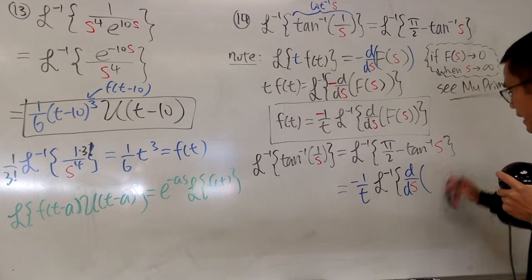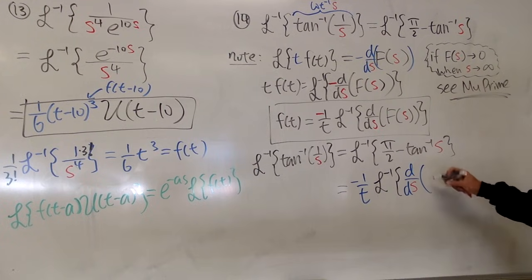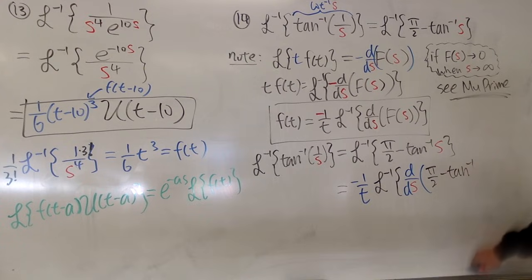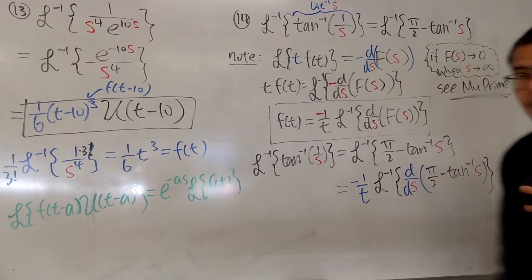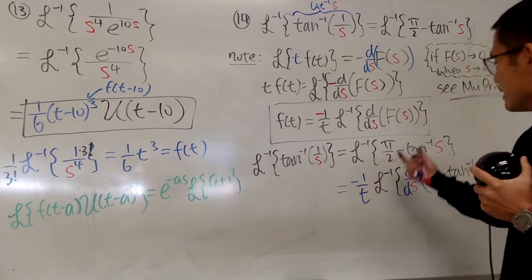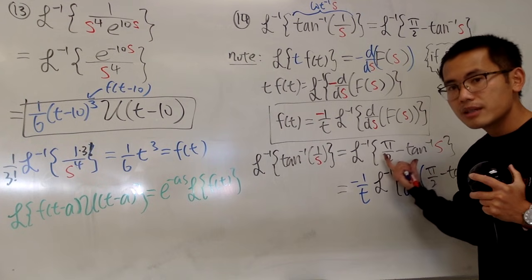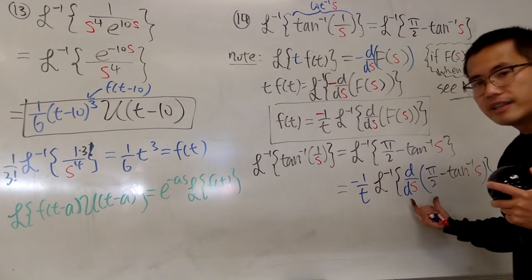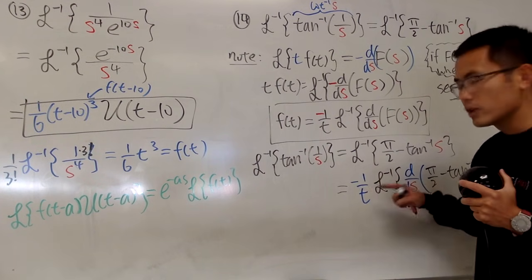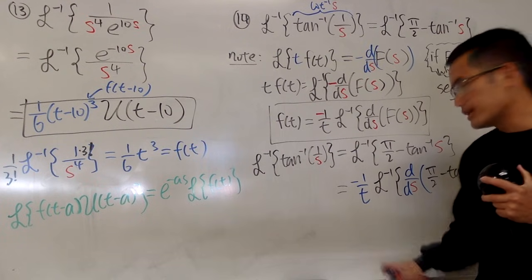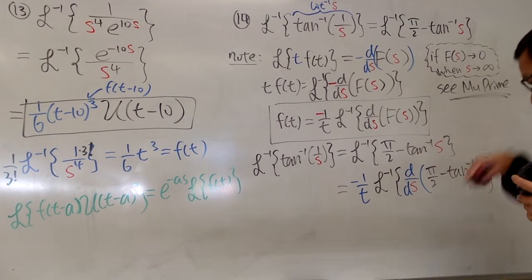And then we have all that inside: pi over 2 minus inverse tangent of s. So again, the idea is that if this expression is too bizarre, go ahead, differentiate it, and then multiply by negative 1 over t. That will still give you the answer for it.